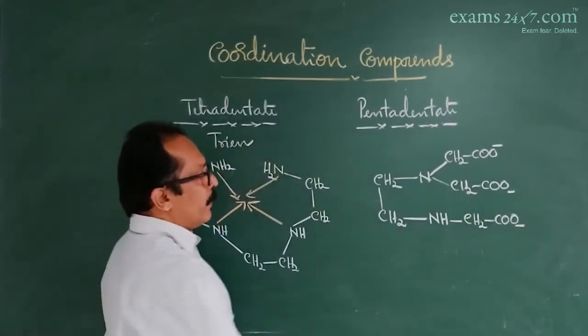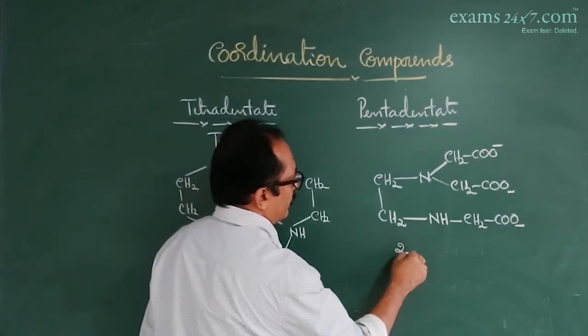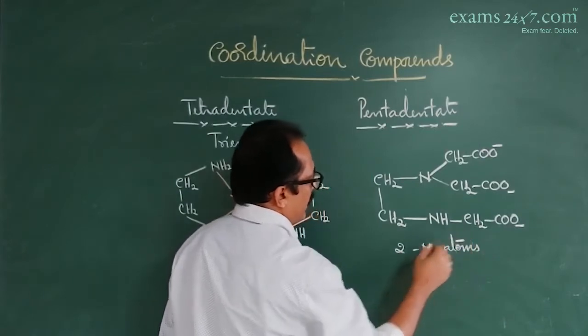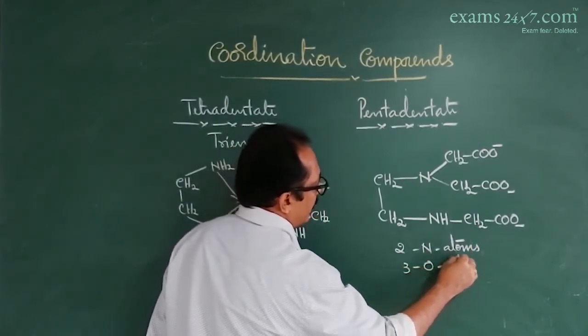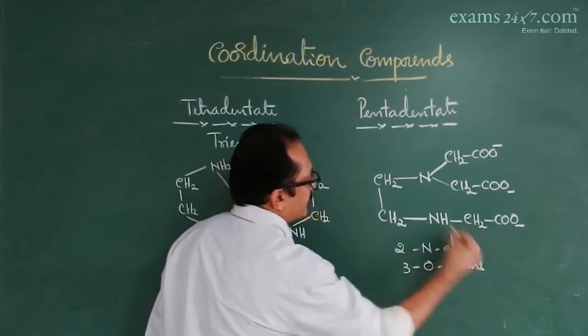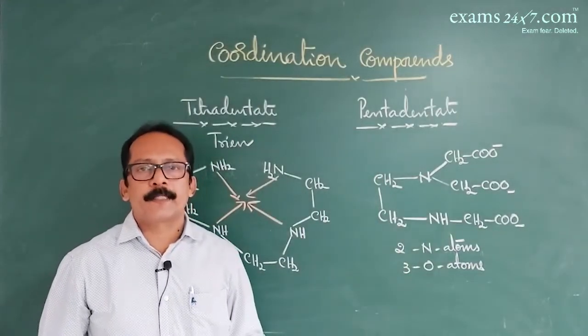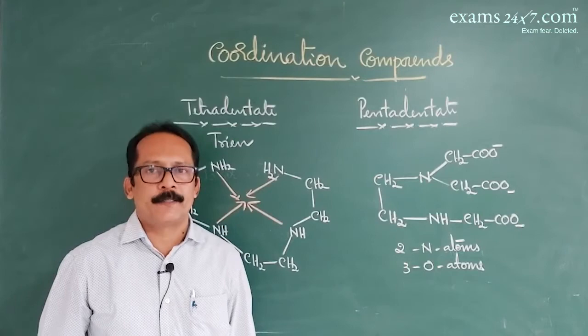Now, in this, 2 nitrogen atoms and 3 oxygen atoms act as donor atoms. So, total number of donor atoms is 5. So, it is an example for pentadentate.